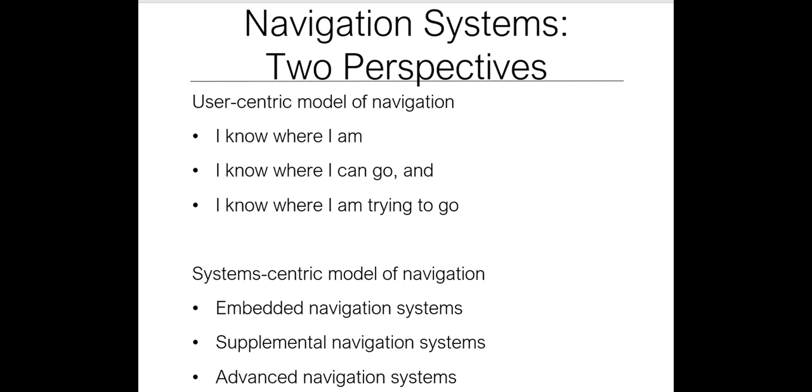So as you'll see, each of these complements the other. The system-centric provides different ways and means for assisting in the user-centric, essentially providing the tools that the user-centric model provides to the users.